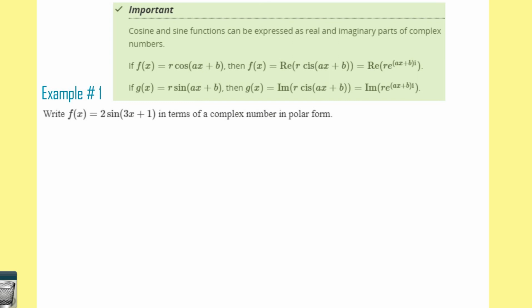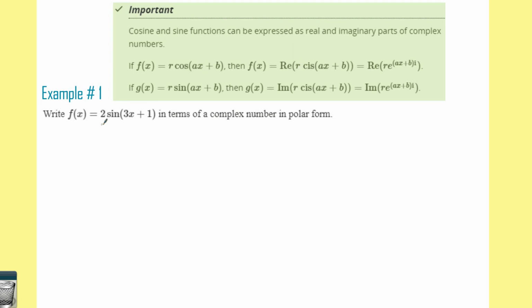So this is kind of working backwards from thinking about your trig functions if you were graphing them. Now we can think about them in polar form, and what I mean by that is we're breaking it into the real or the imaginary parts of the polar form, because a sine function is just the imaginary part of polar. Cosine is the real part.